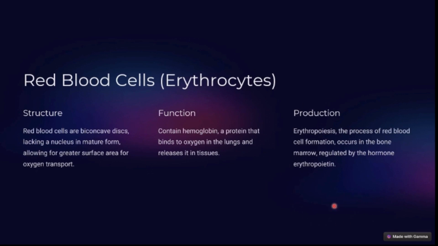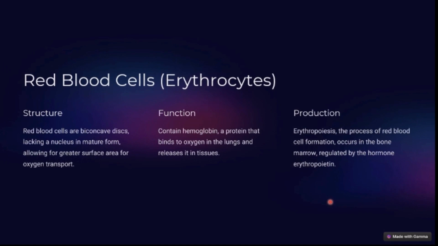So due to these reasons anemia can occur. Also there is one more applied anatomy, that is sickle cell anemia. It is a genetic disorder in which RBCs become sickle shaped, causing blockage in the blood vessels and leading to pain and tissue damage. So these are the two applied anatomy.